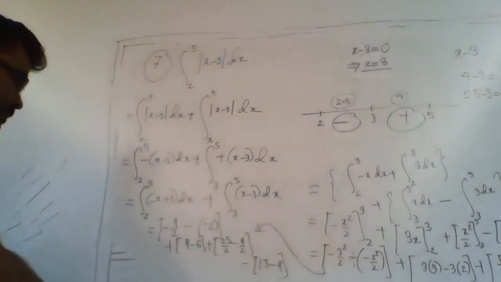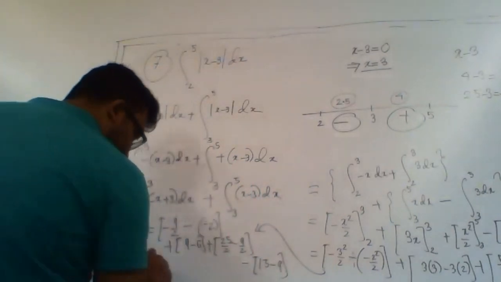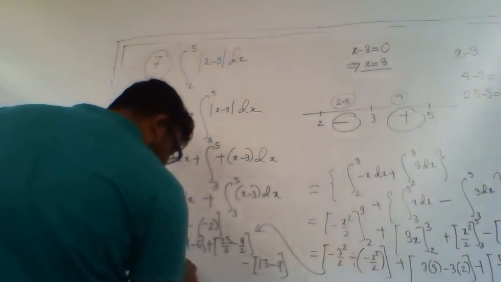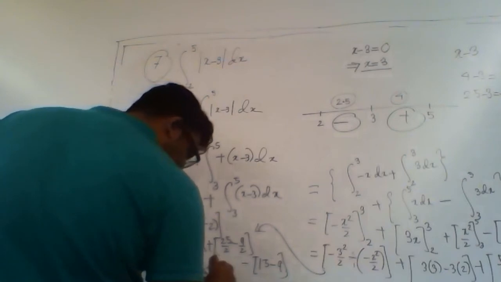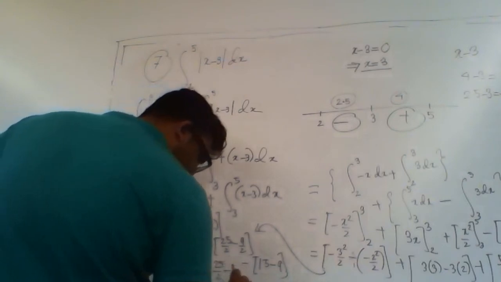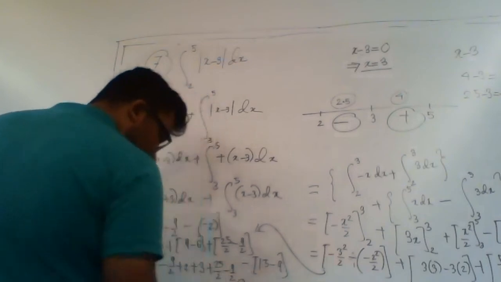So this is equal to minus 9 over 2 plus 2 plus 3 plus 25 over 2 minus 9 over 2 minus 6.